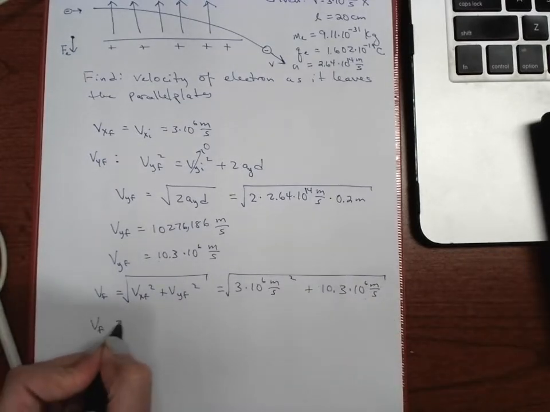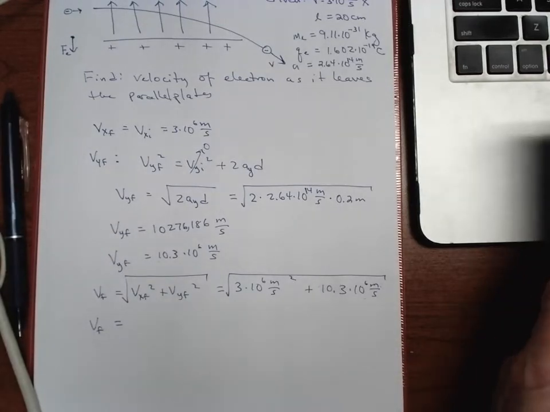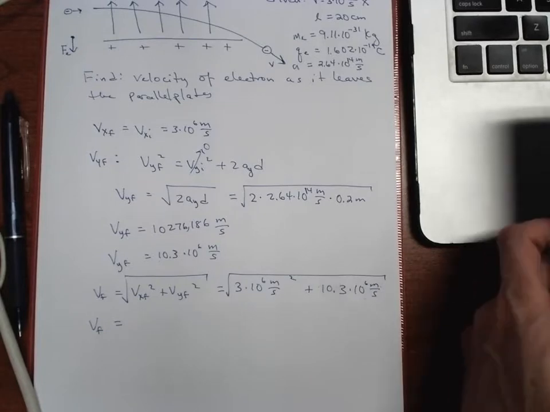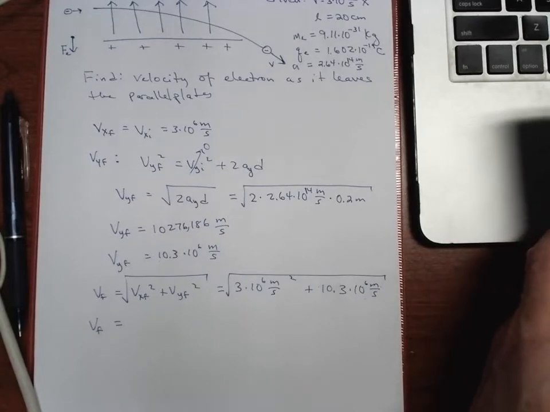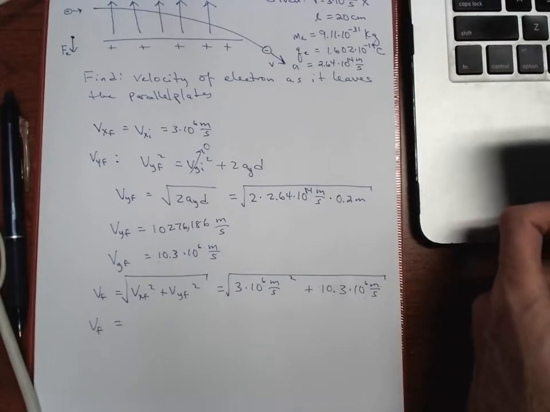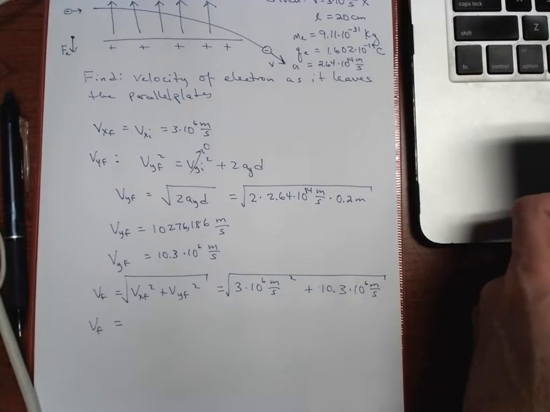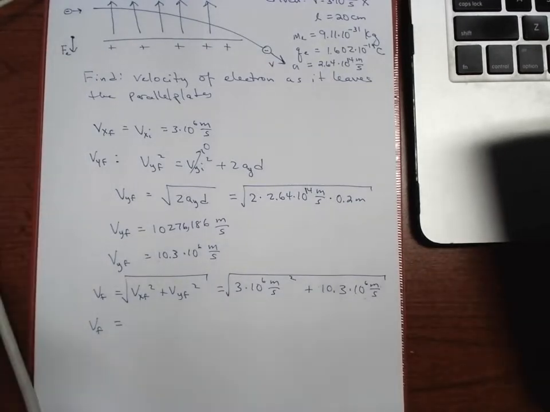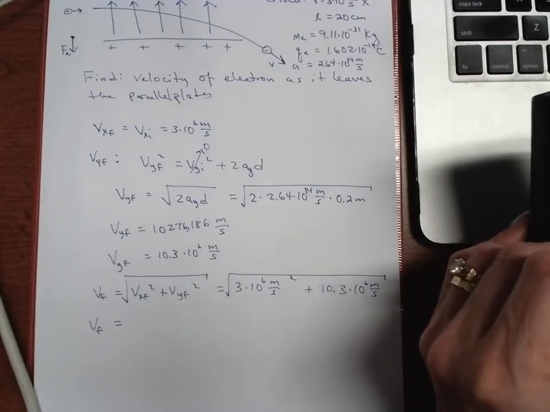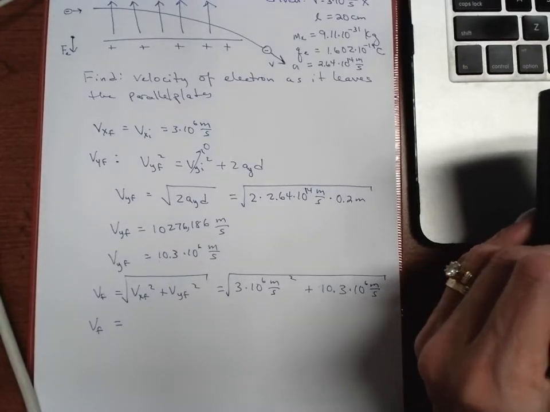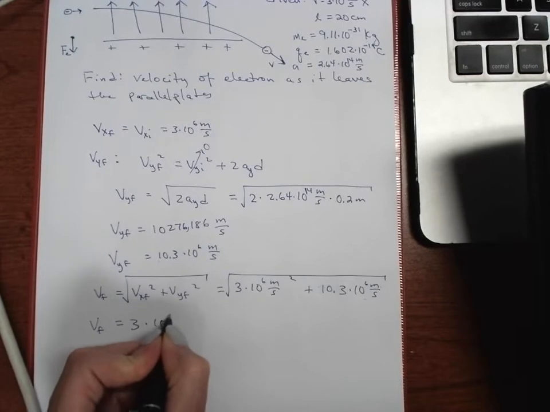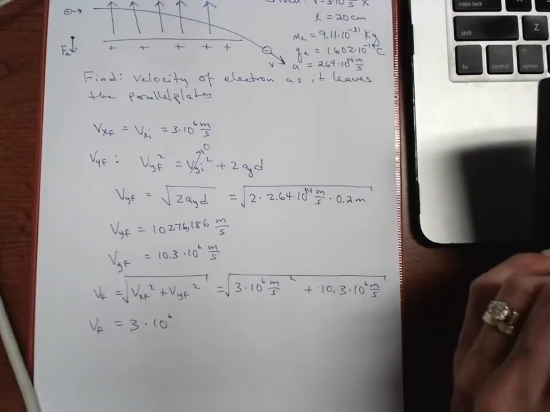So V final is equal to, on the calculator, 3 e to the 6th squared plus 10.3 e to the 6th squared, and then the square root of my answer. I get 3 times 10 to the 6th, which doesn't seem quite right.